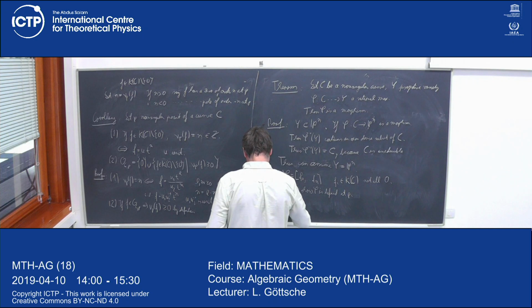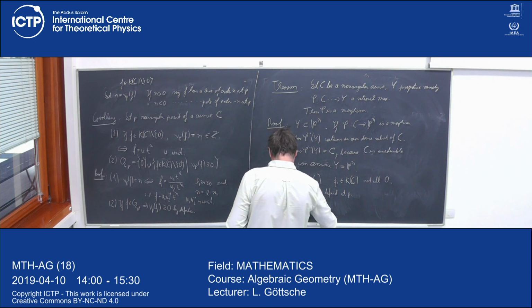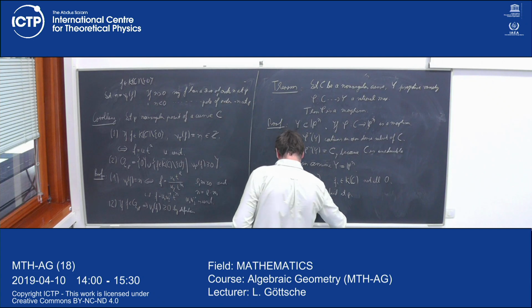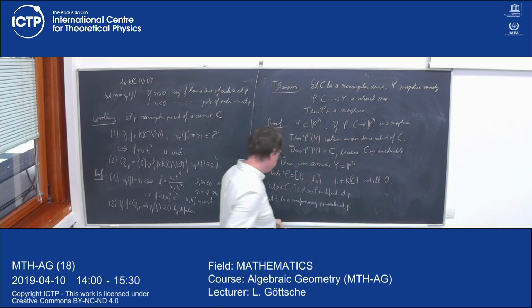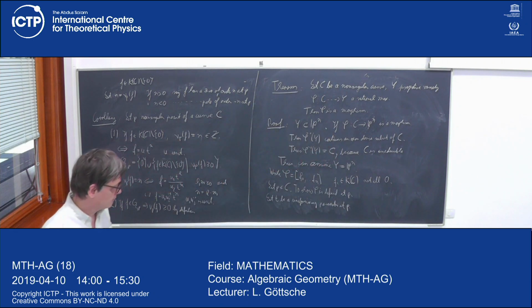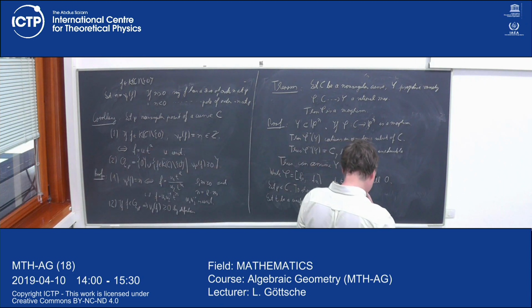Let t be a uniformizing parameter at P. That means it lies in the local ring, and it generates the maximal ideal.